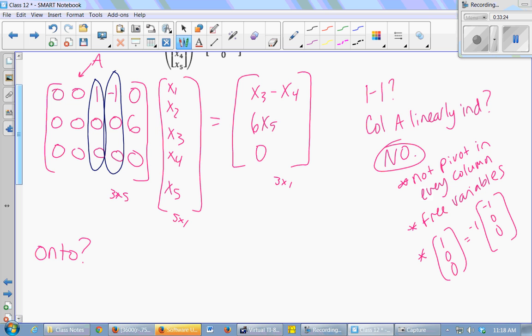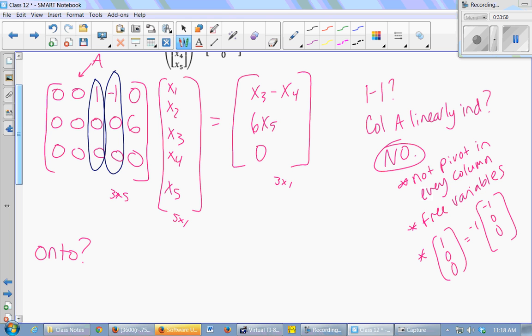Let's think about whether or not it's onto. So the question of onto can be asked by saying, do the columns of A span R3? Can I produce any vector in R3 by multiplication by this matrix?